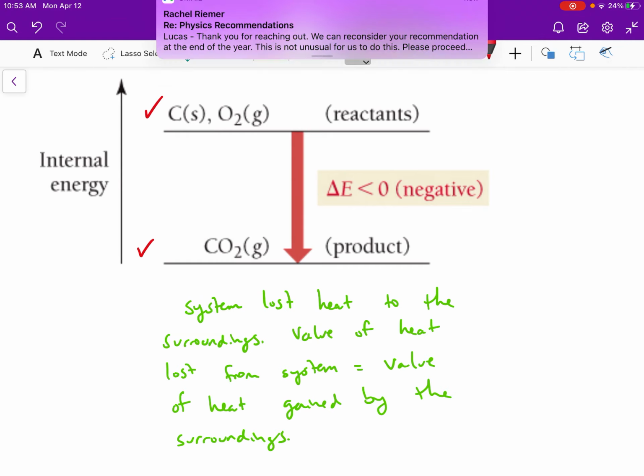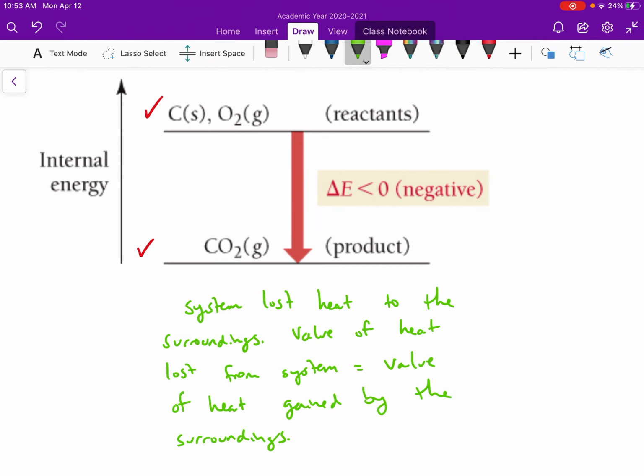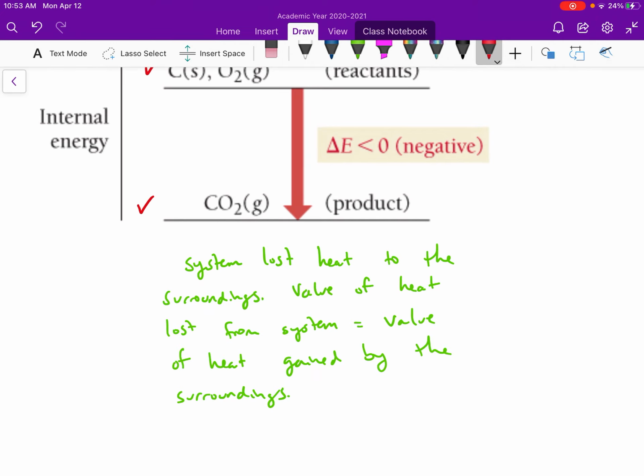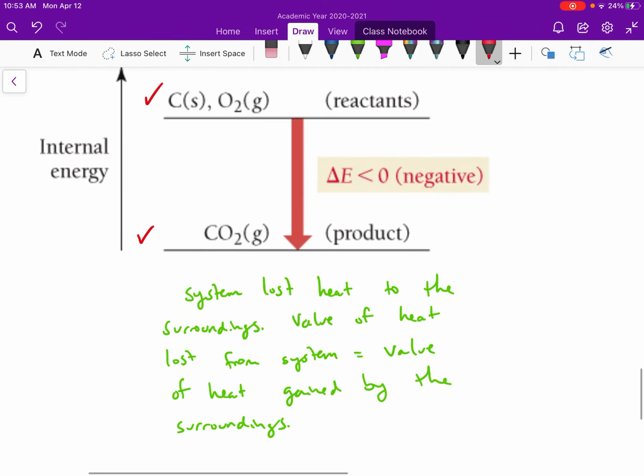So what's different about it? The only thing different, okay, is the sign, right? The negative, positive sign, okay? That's the only difference. So from the perspective of the reaction itself, it lost heat, so it's going to have a negative value. From the perspective of the surroundings, right, it gained heat, okay?